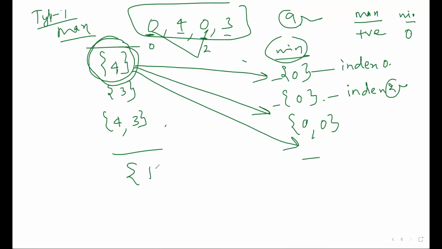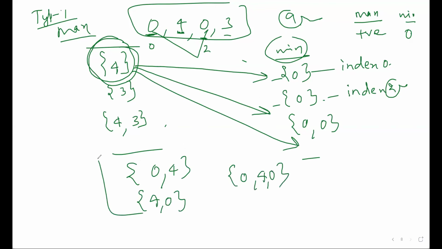So the subsequence that I'll form is 0 comma 4. Sorry, in this case, 0 will come first because 0 is coming first in the array also. Next subsequence is 4 comma 0, and after that we have 0 comma 4 comma 0. So three subsequences that you are able to form where 4 is the maximum.